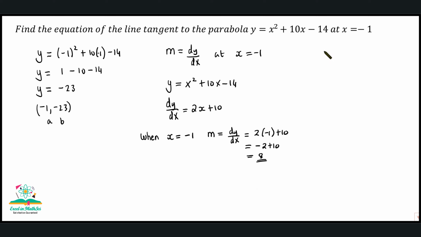So now to find the equation of the tangent, you would just use y minus b equals m bracket x minus a. So my a, b, I'm just going to substitute everything in here. And that is 8, and that's a, b.